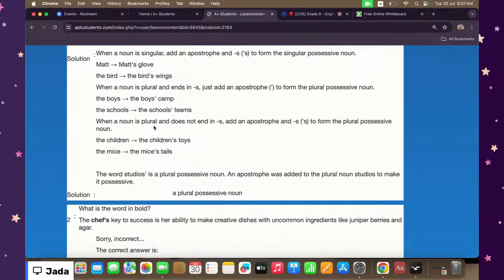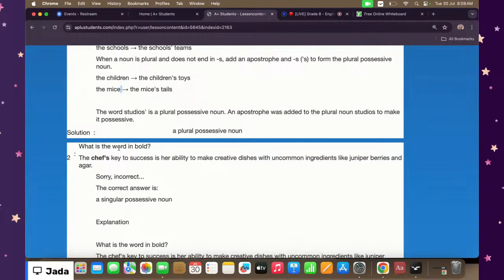But when they do not end with s, you need to put apostrophe and then the s. Just like children. Children is the plural form of child, but we cannot say childs with s. We say children to show that it's multiple, not just one. It could be three, it could be four, and above. We also have the mice, the mice's tail. So that's it.